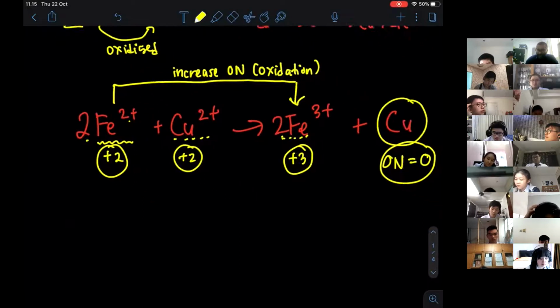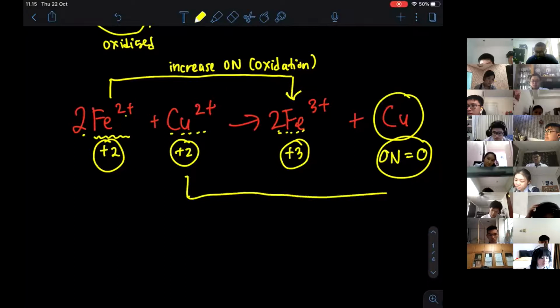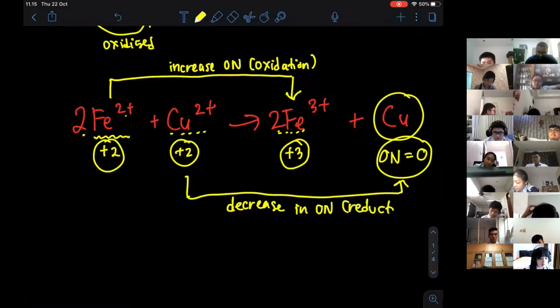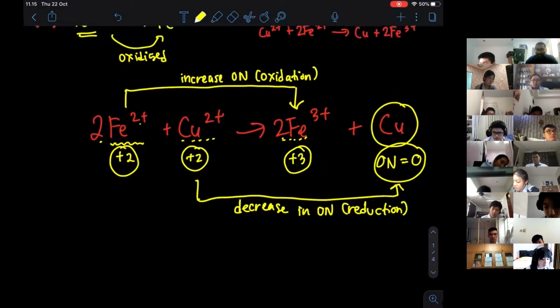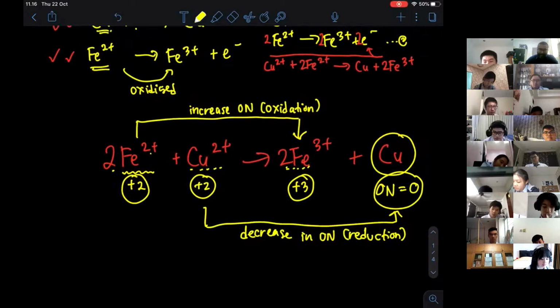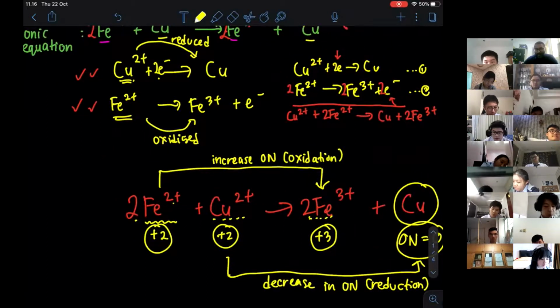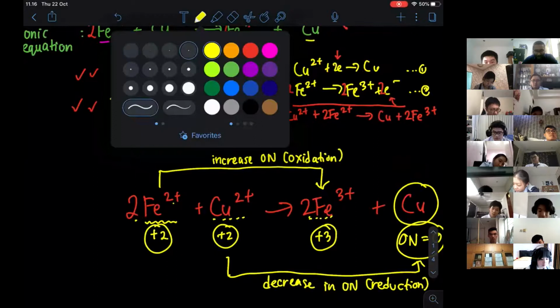Here you can see from +2 to become 0, so there is a decrease in oxidation number. If there is a decrease in oxidation number, this is called reduction. So what is being reduced here? Copper 2 plus is being reduced to become copper. So there are different ways to identify, not only using the electrons, but you can also use the oxidation number for half equations.